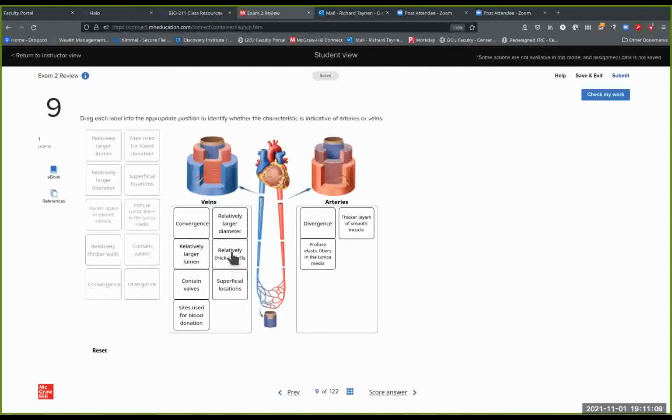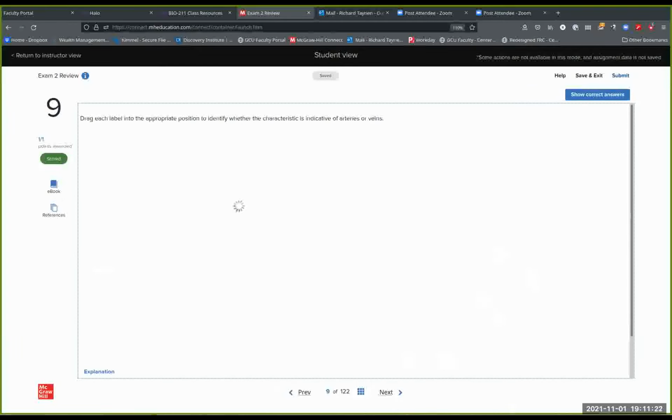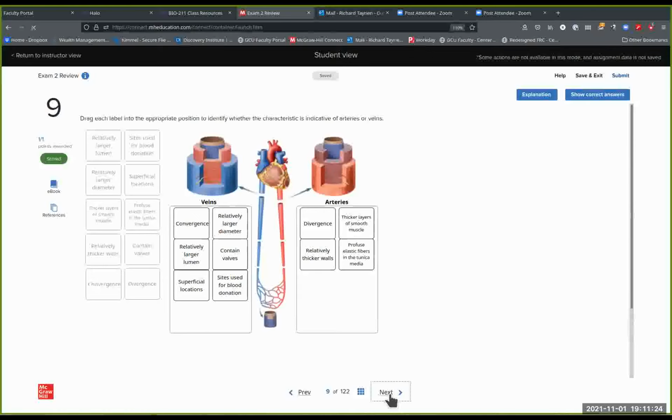Let's see. No, that should be arteries, of course. That's right. Okay. I think we're good.